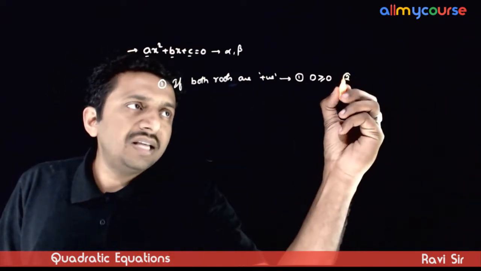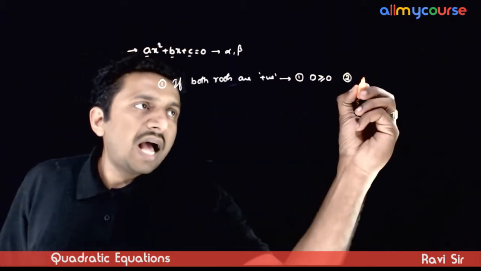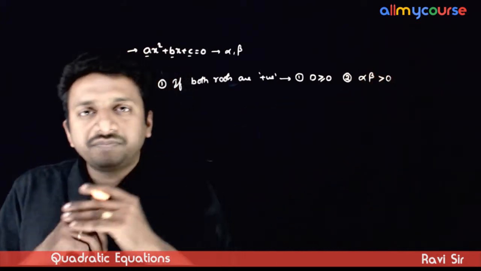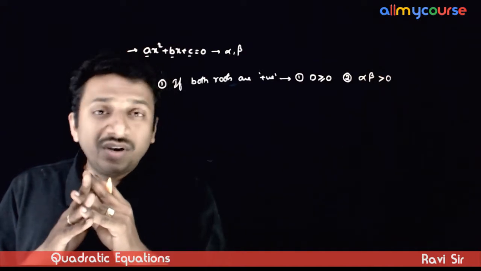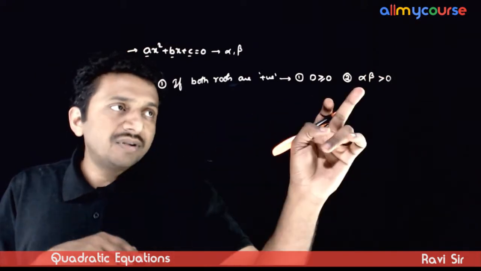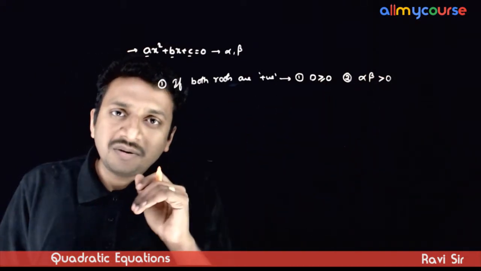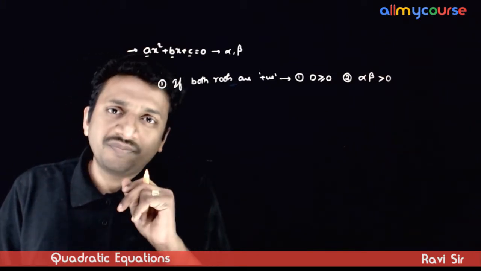And the second condition is that if both roots are positive, alpha into beta has to be greater than 0. The product of the roots has to be greater than 0. So will it be sufficient? No. If both roots are positive, obviously alpha into beta will be greater than 0. But alpha beta will be greater than 0 if both roots are positive as well as both roots are negative.